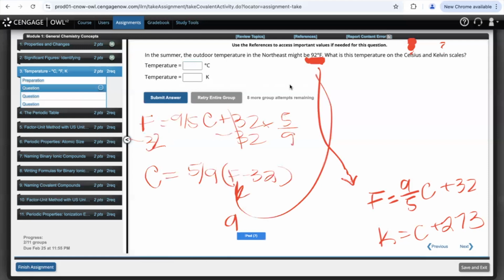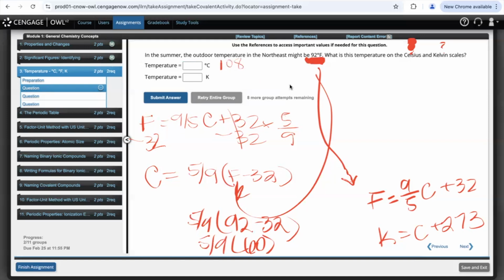So I'm going to do 92 minus 32, which would be 60, times 5/9. I'm going to go over to a calculator for that one. All right, and I got 108.